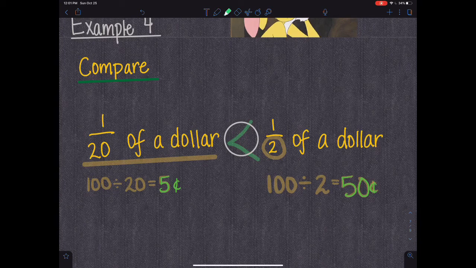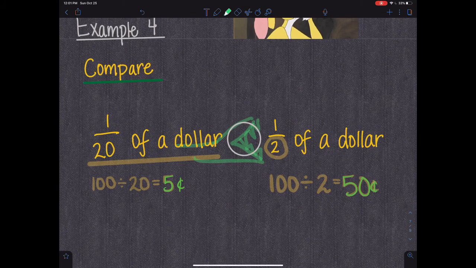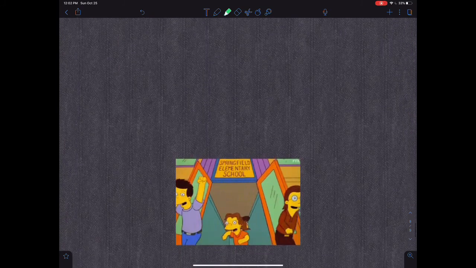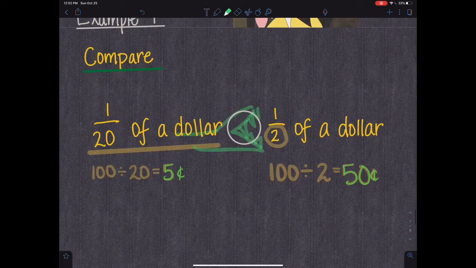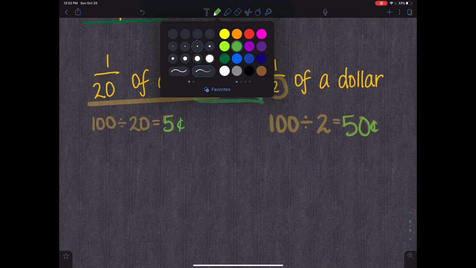So if this is like the alligator, oh, I did that wrong. His teeth go here, right? He eats the bigger side. That doesn't look like an alligator. It looks like a snake, but that's okay. It's a less than sign, so 50 cents is bigger. Alrighty, the other point that they are making is what that means, one last thing.